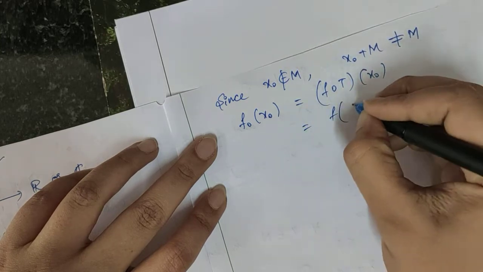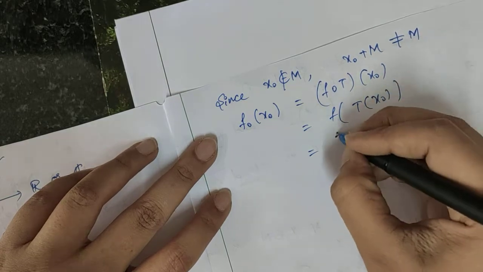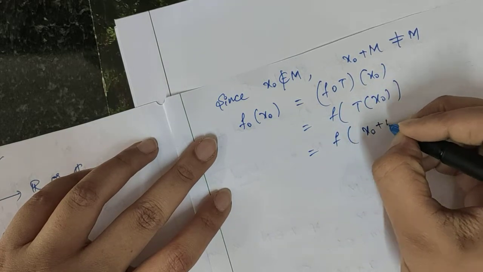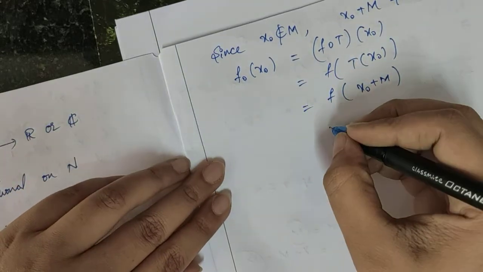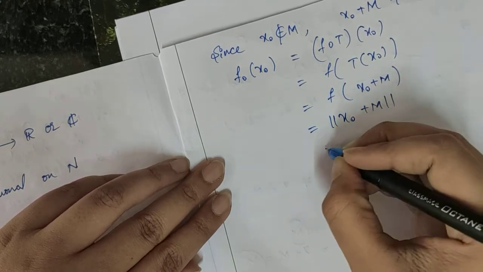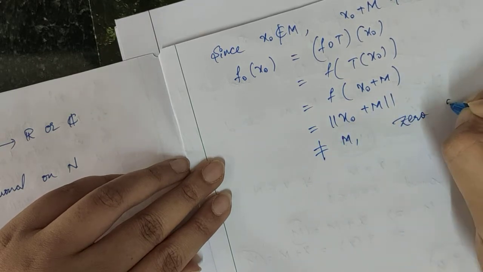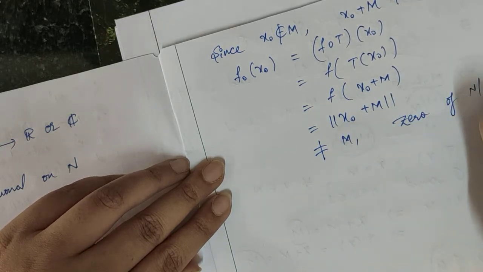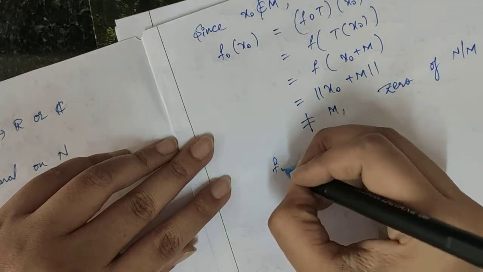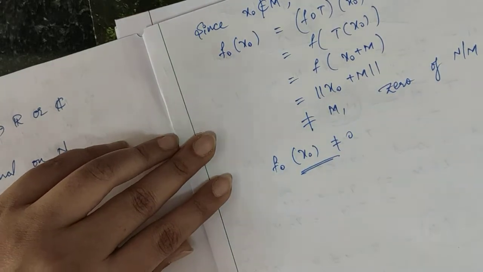This is f of T of x0. And what is T of x0? It is x0 plus M. What is f of x0 plus M? This is norm of x0 plus M, and this is not equal to M, that is the 0 of the space N by M. From this you can say that f0 of x0 is not equal to 0.